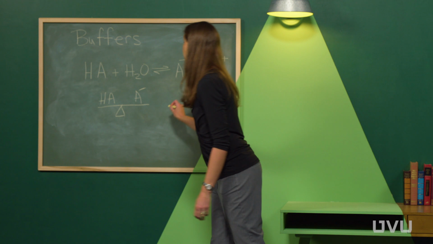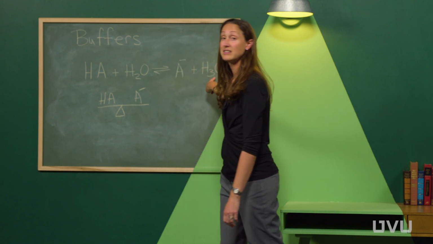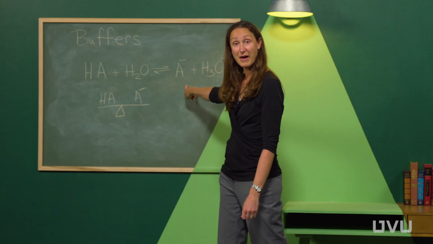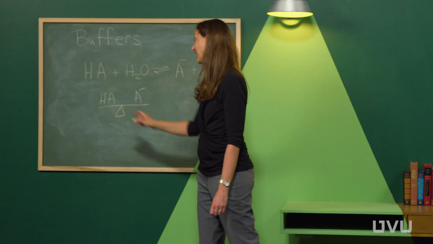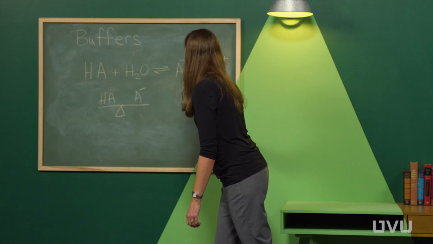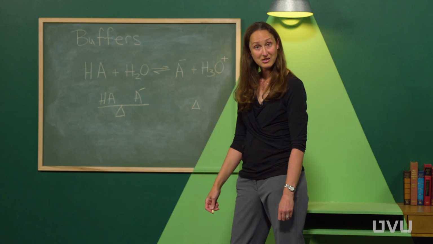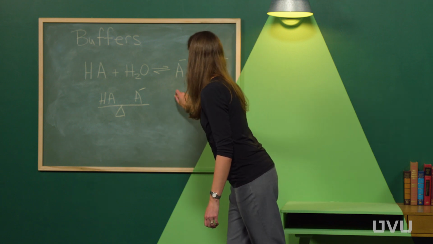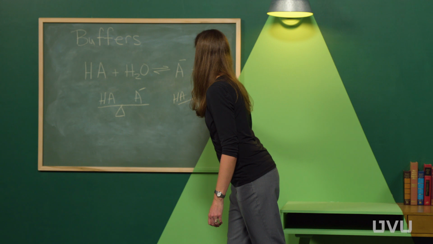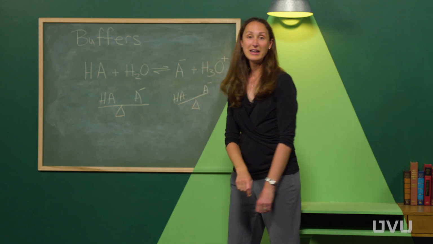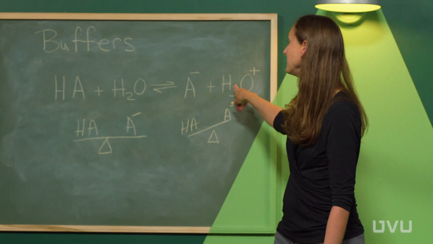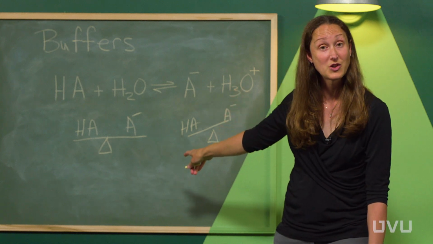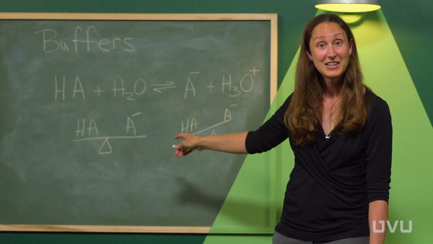So that strong acid, H3O+, is going to react with A- and shift your equilibrium and make more HA. So if you add a strong acid, you've just tilted your teeter-totter. Now you have more HA than A-. You've also ended up consuming some of that hydronium that was the strong acid.